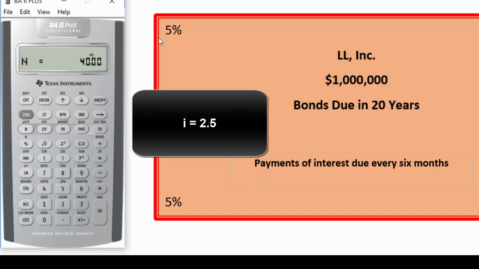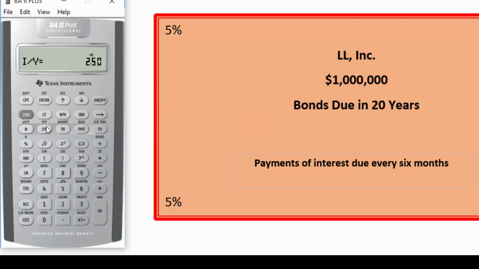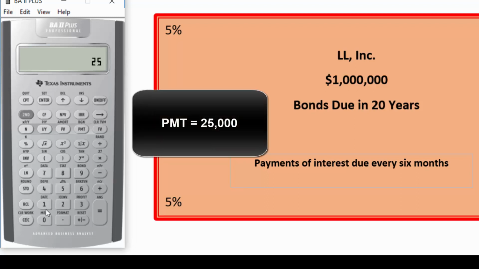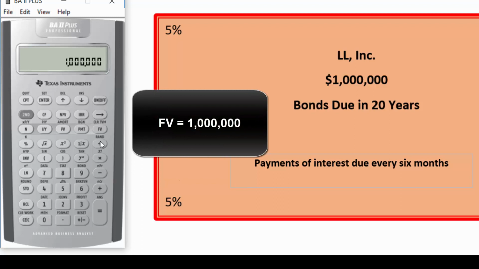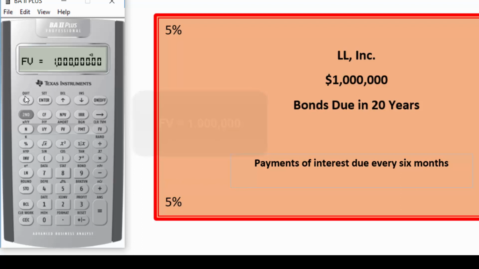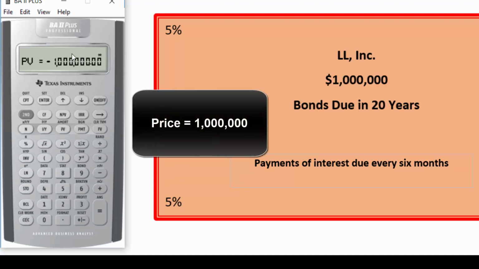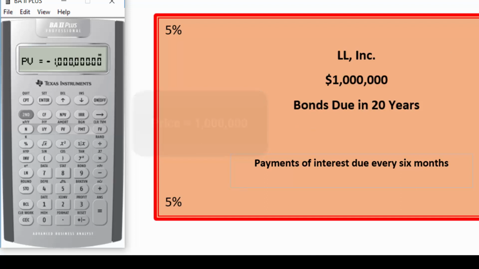Let's say that 5% is the market rate, so we'll use 2.5 as the interest rate. If it's 5% per year, it's 2.5% every half a year. The payment we decided was $25,000 every 6 months, and LL Inc. agrees to pay $1 million principal back at the end. Then we'll hit compute PV and discover that sure enough, that's the right price for this bond.